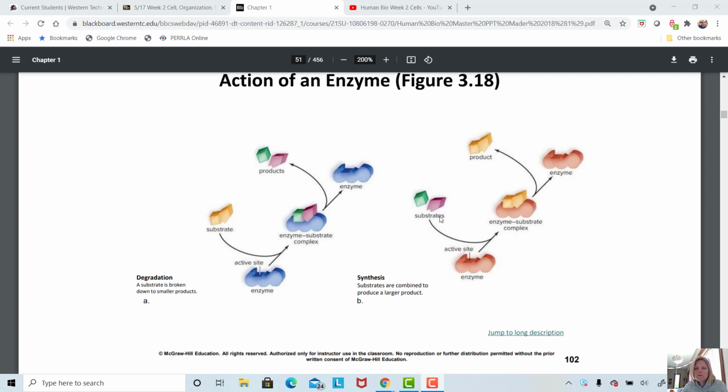So sometimes we have two simple substances here that will be combined together. A bond is formed by the enzyme to create a two-part substance.